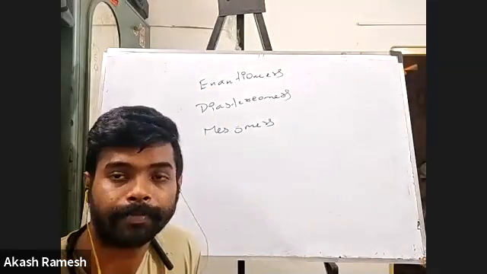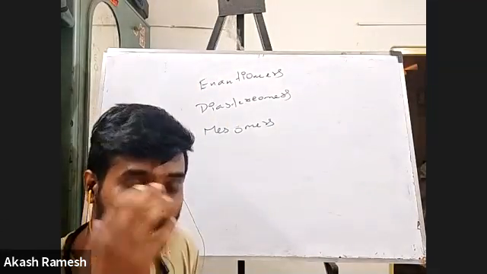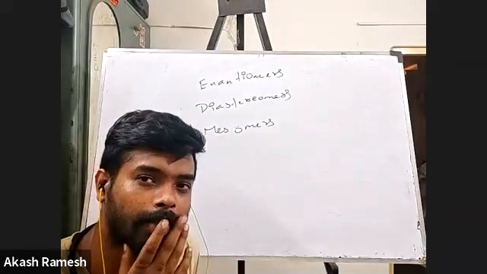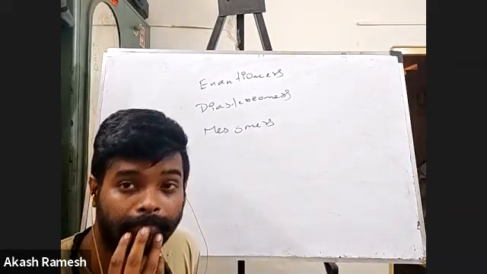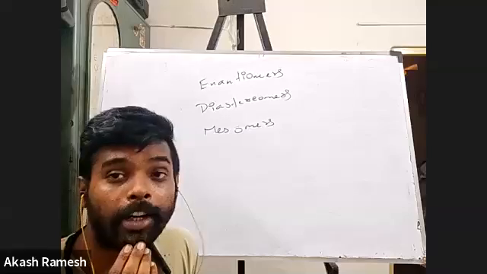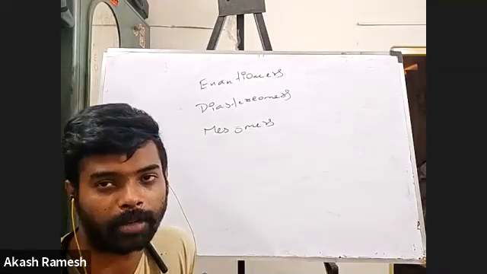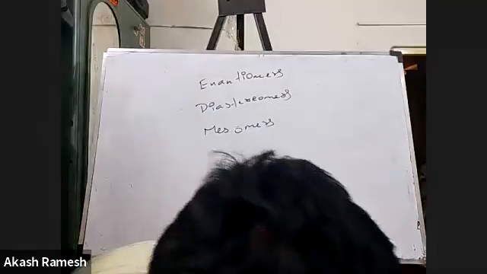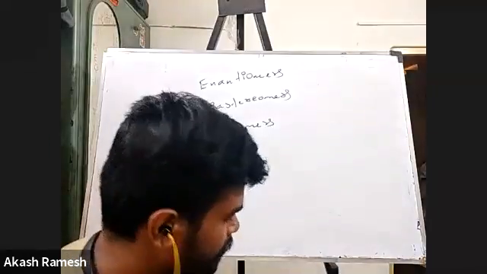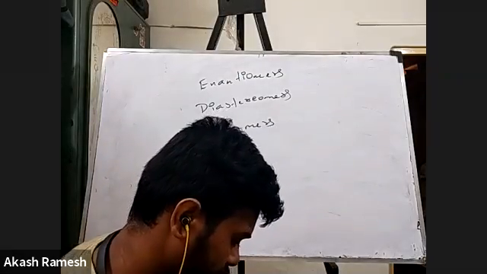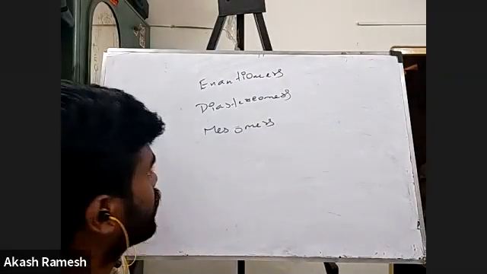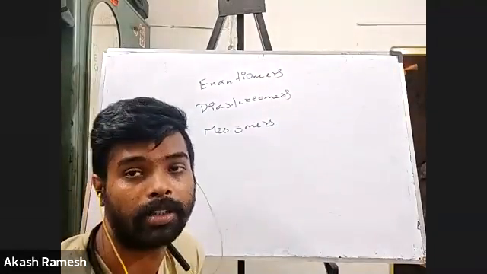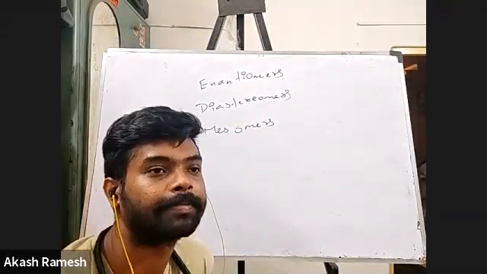Right. Next, diastereomers. Please take down the definition. We already know from the last class what we said about diastereomers. All geometrical isomers are diastereomers. Exactly, right? All geometrical isomers are diastereomers. Please take down the definition for diastereomers. They are stereoisomers, obviously.